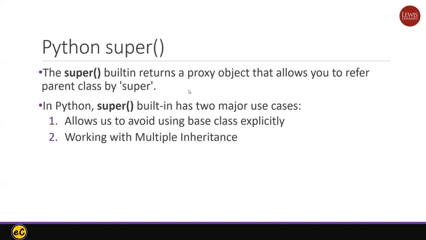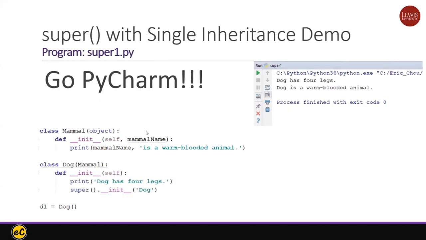The super function is used to call your parent constructor or parent function. It's used a little differently from Java. In Python you use super to get your super class, and then call super's __init__ to call your parent class. This is the way of Python to call the super constructor: super finds the super object, and then you call the init function, which is the constructor for the super class.